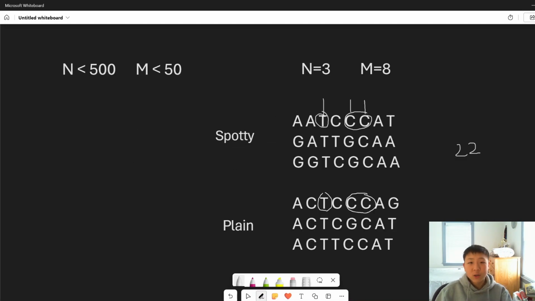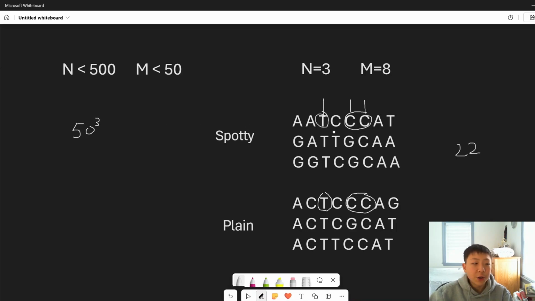So how do we actually go about solving this problem? Well, for many of my videos, I actually go through the brute force solution first. And so let's just do that. For the brute force solution, we want to try all the possible combinations of the 3 indexes. We can achieve that by doing 3 nested for loops. So if we do 3 nested for loops, we're going to have a complexity of 50 cubed.